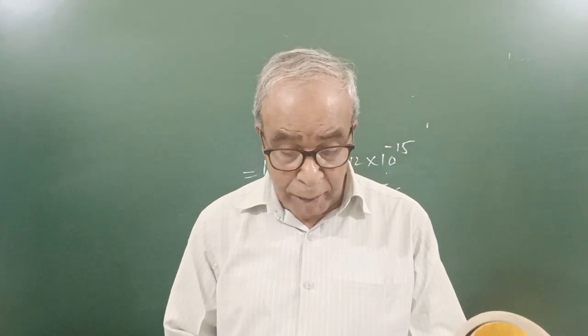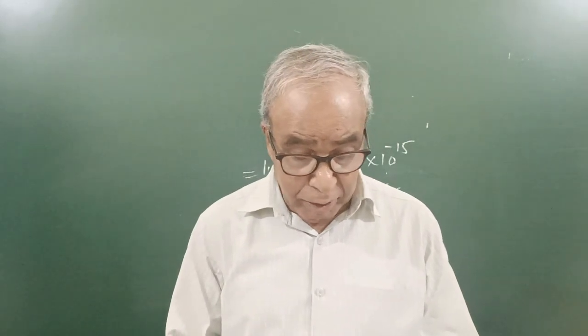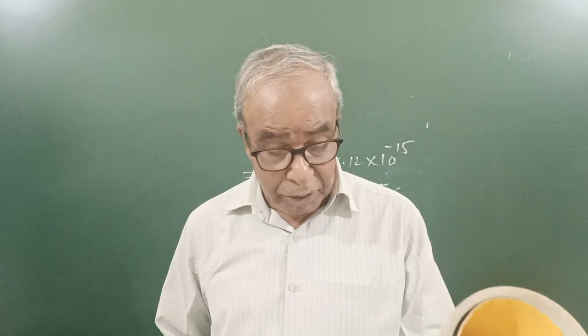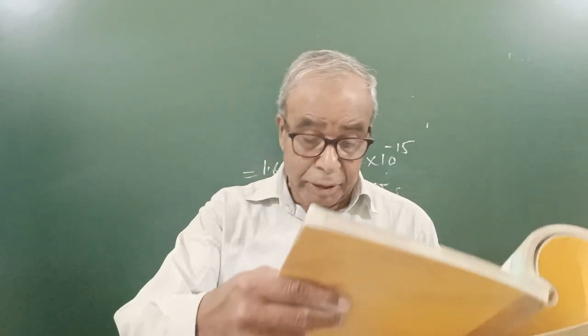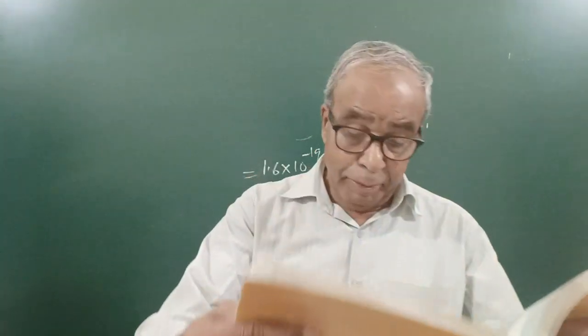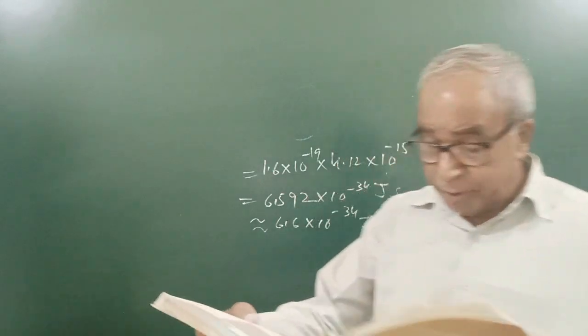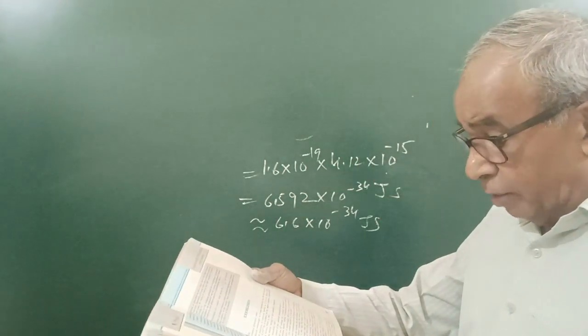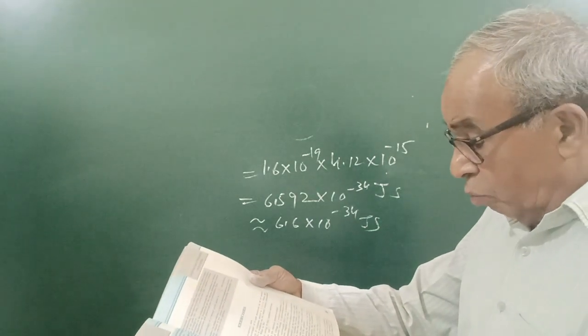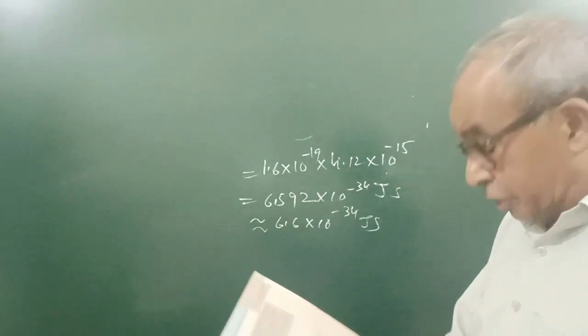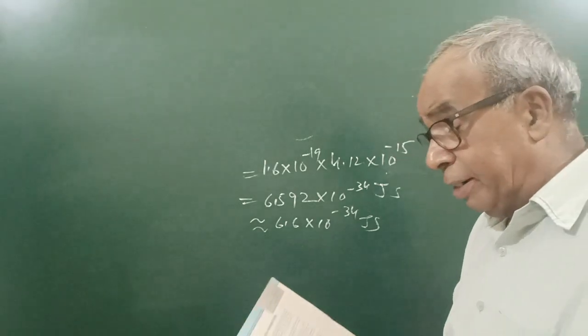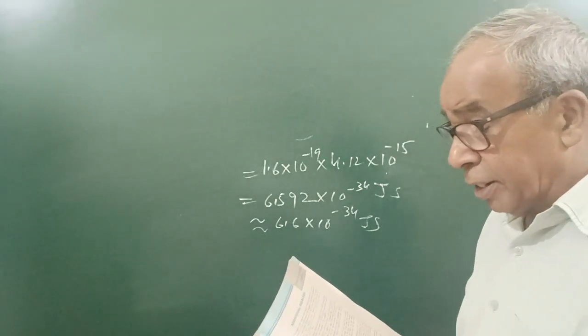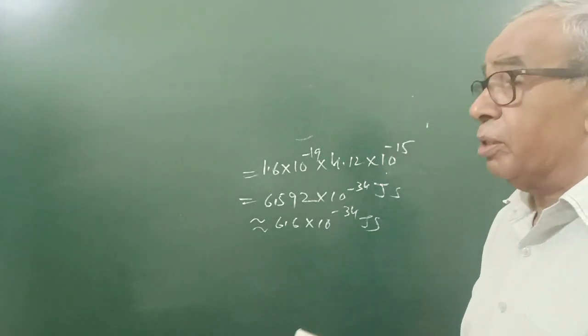A 100 watt sodium lamp radiates energy uniformly in all directions. The lamp is placed at the center of a large sphere that absorbs all the sodium light which is incident on it. The wavelength of sodium is 589 nanometer. What is the energy of a photon, equal to hc upon lambda? You can find out. And at what rate are photons delivered to the sphere?